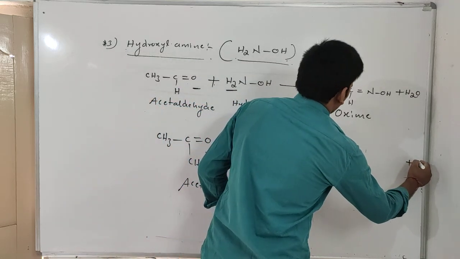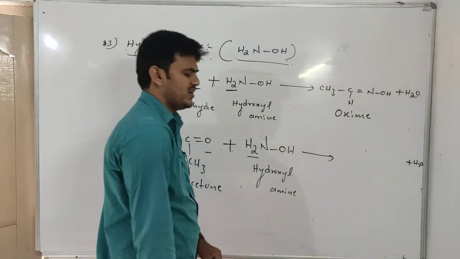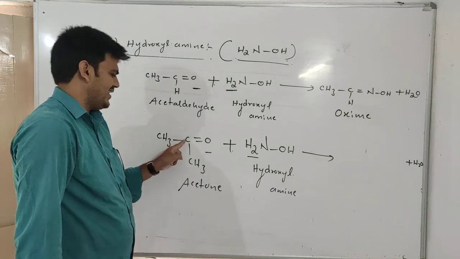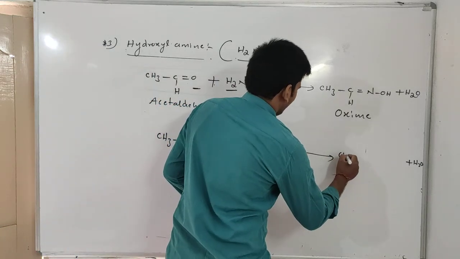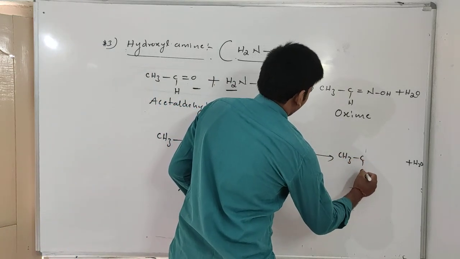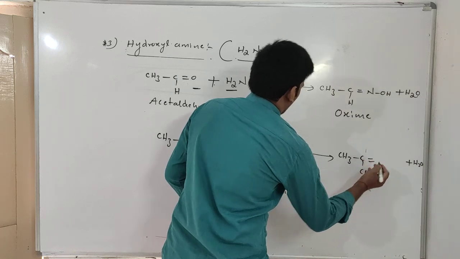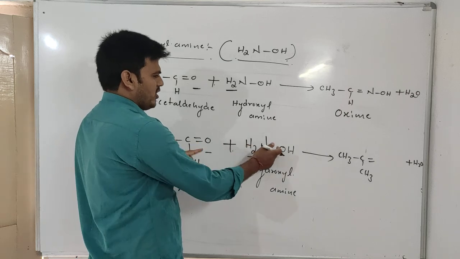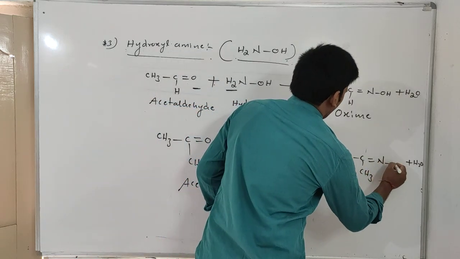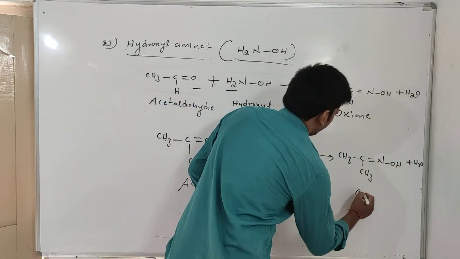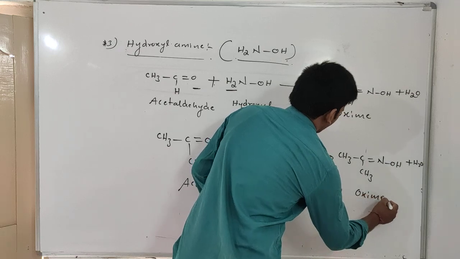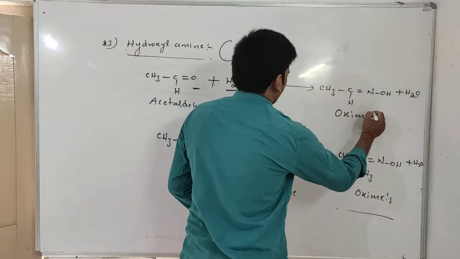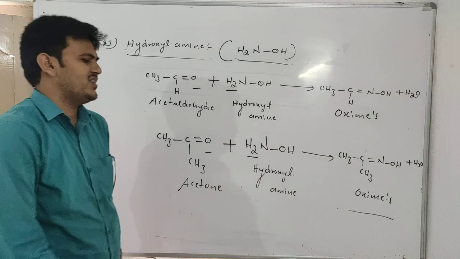So the byproduct is water. The remaining answer is CH3C(CH3)=N-OH. The same oximes, but acetone oxime. So acetaldehyde oxime, next one acetone oxime.